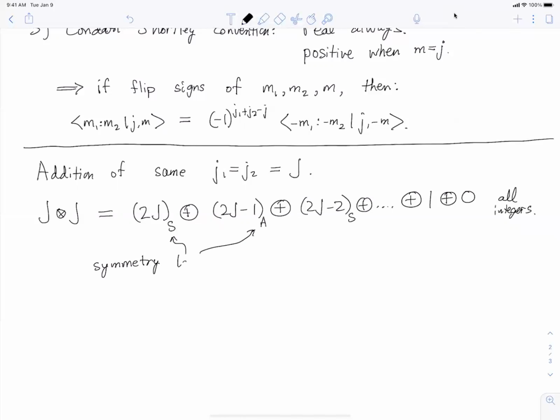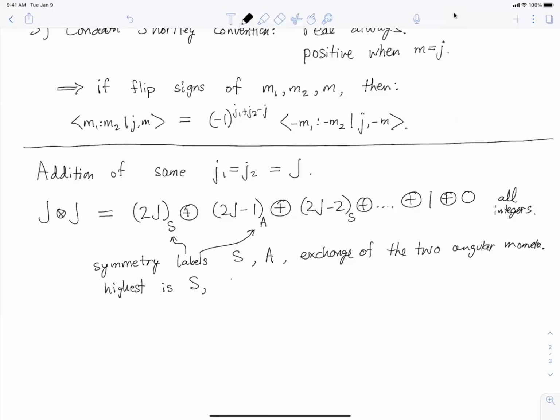They govern the exchange of the two angular momenta. The rule is the highest angular momentum is always symmetric, and after that, they alternate.